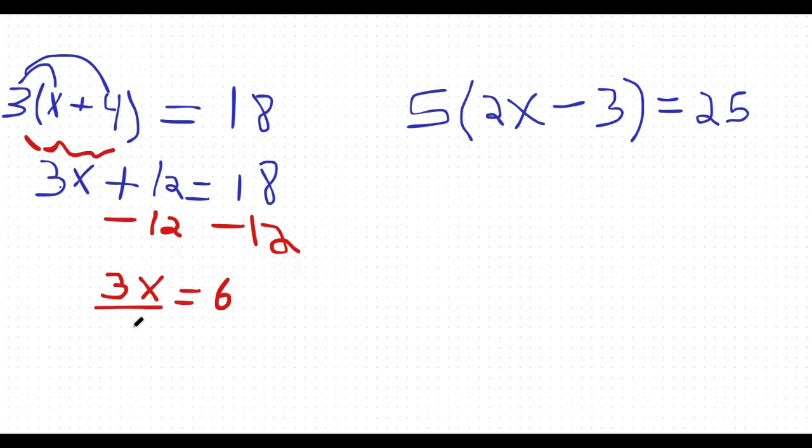Now we're going to divide by 3 on both sides to get x equals 2. So if we were to plug this back in up here, we would get 3 times, in parentheses, 2 plus 4, or 3 times 6 equals 18, which checks out.